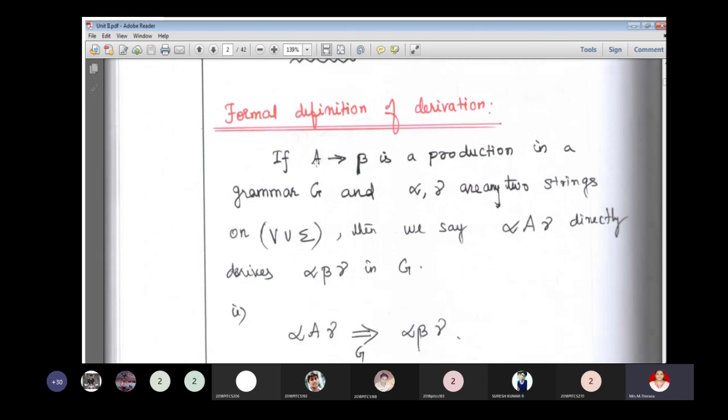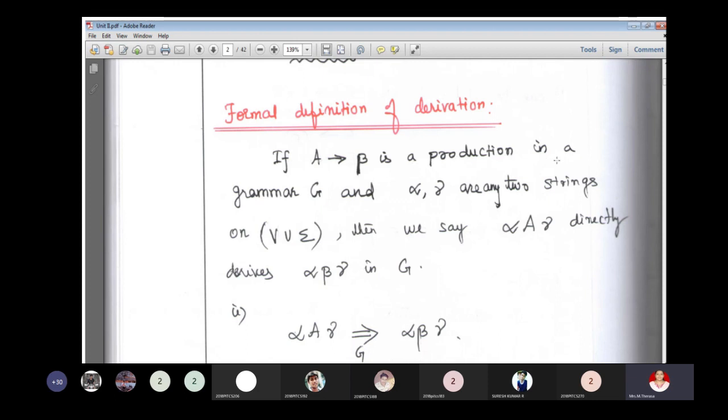So if A tends to beta, what is A? A represents a variable. Alpha, beta, gamma are used to represent strings over the union of variables and terminals. So they may be combinations of terminals and variables.